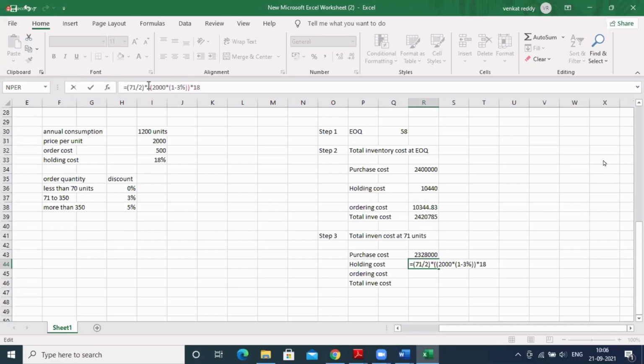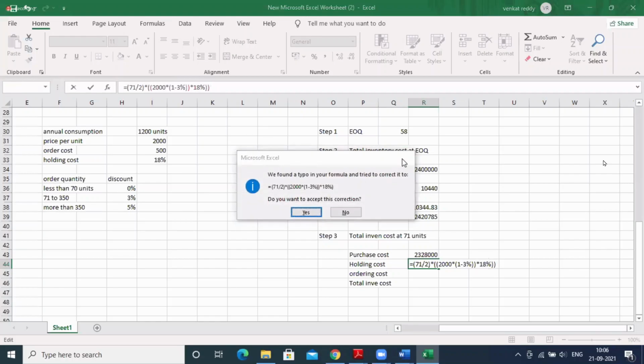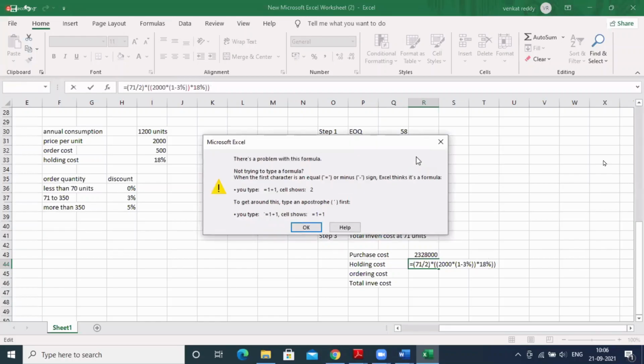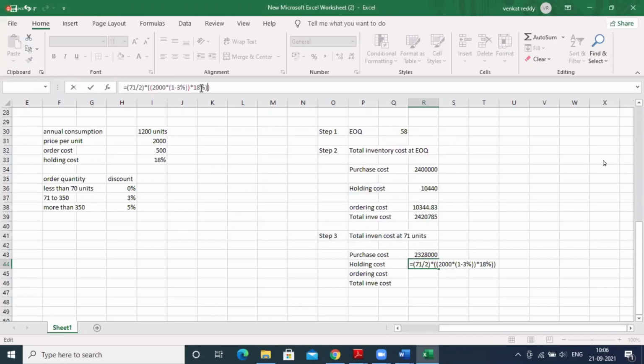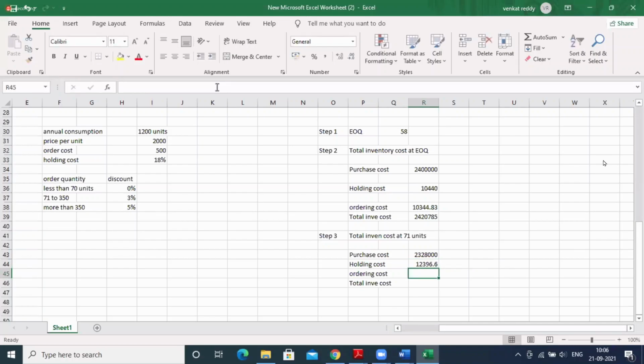Into holding cost is, I think I must have forgot a bracket. Very good. Then ordering cost.